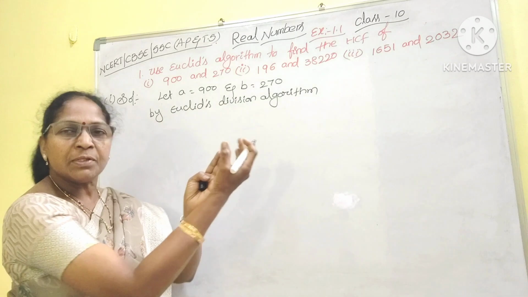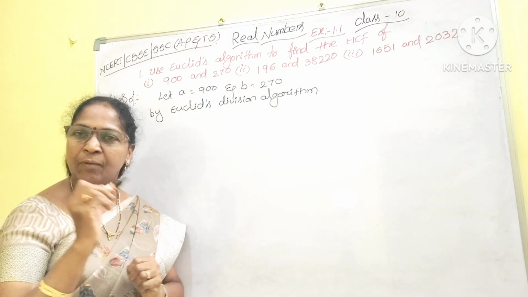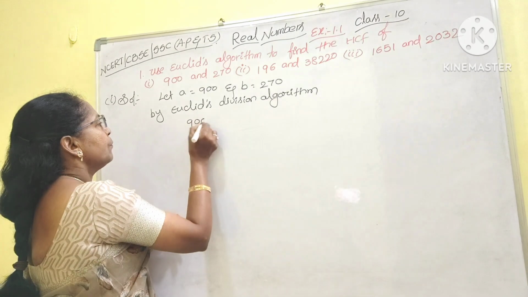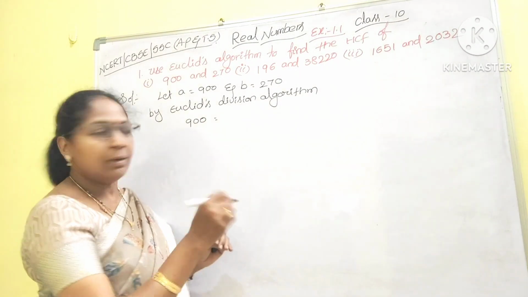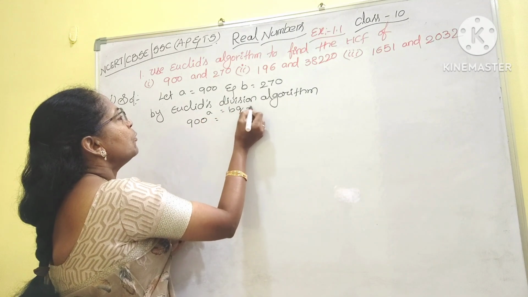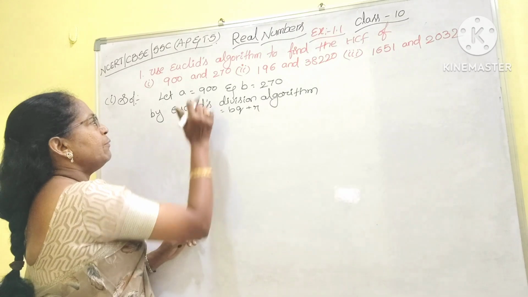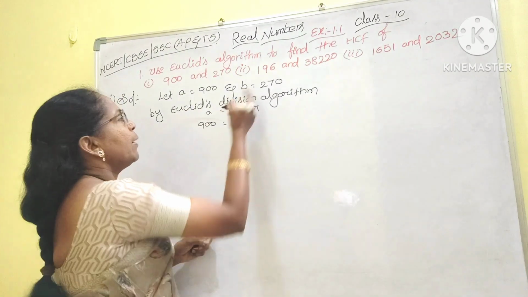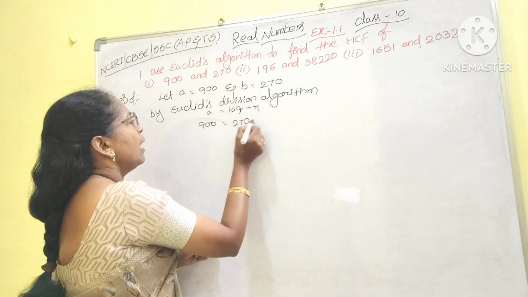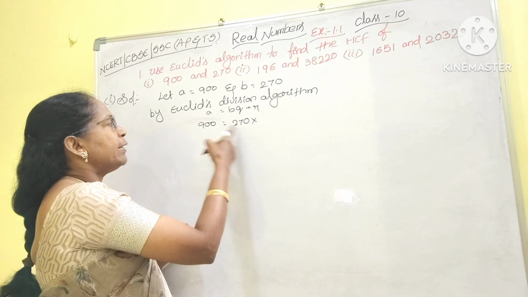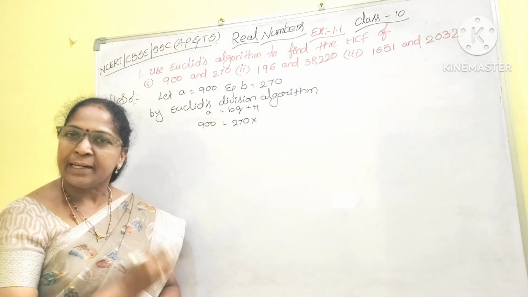Now you have to write these two numbers in the form A equals BQ plus R, where A equals 900 and B is 270, multiplied by the quotient value. That means, how many times does 270 divide 900?